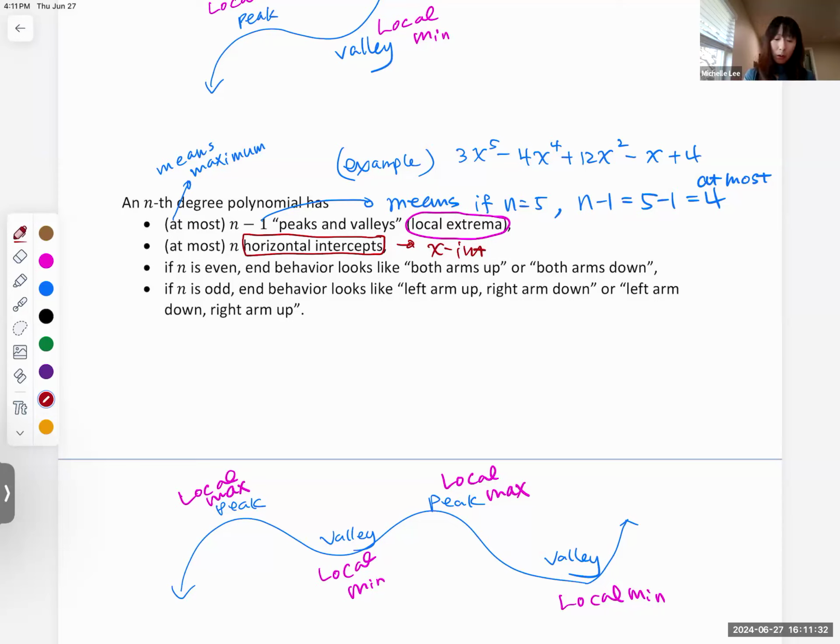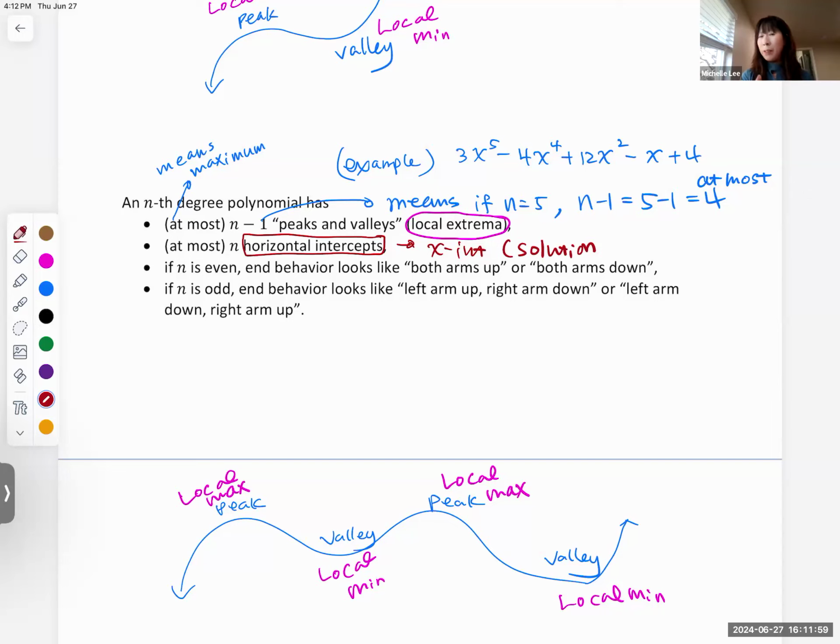We know what x-intercept means, so I'm not going to write it down. X-intercepts are solutions, because previously with quadratic functions we set the other side equal to 0 and solved for the solution, right?